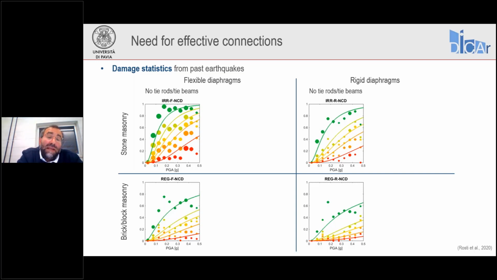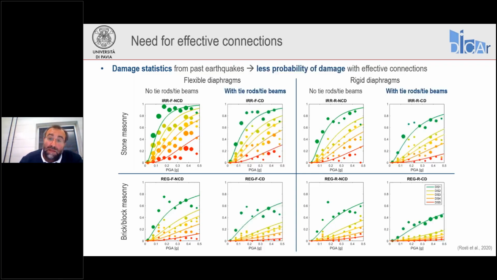So, already without any connection improvement, you can see that the effect of rigid diaphragms is making these curves less steep. So already having rigid diaphragms is helping reduce the risk for all limit states. But look at what happened for the cases with tie rods or tie beams, let's say with improved connections.